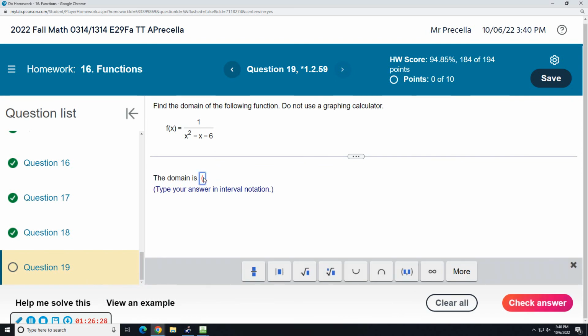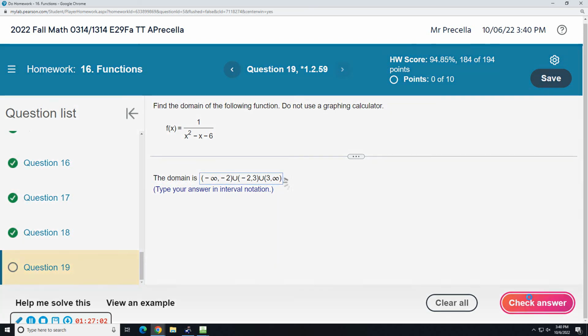So we go left parenthesis, negative infinity, comma, -2, right parenthesis, union, left parenthesis, -2, comma, 3, right parenthesis, union, left parenthesis, 3, comma, infinity, right parenthesis. That's just a fancy way of saying that you can plug in any x value you want to, except for -2 and +3.